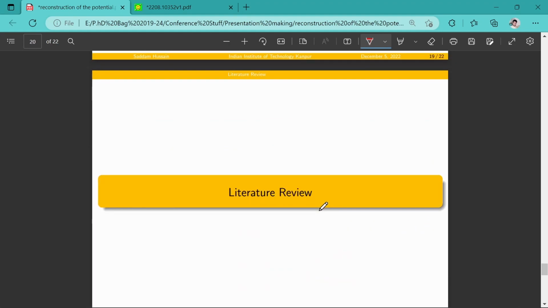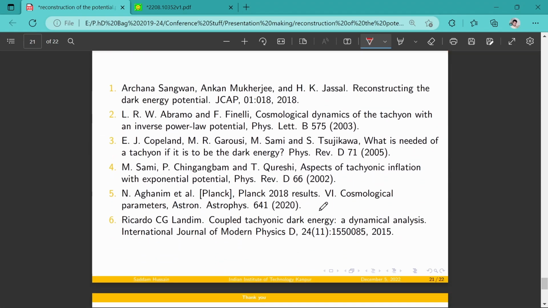So I hope so far you have understood. There are so many literatures you can go through to understand these. There was a person who has already worked on reconstructing the dark energy potential. He has used the quintessence field to reconstruct the potential of the quintessence field, again working with the data. Some people have used the power law, inverse law, to understand the cosmology of the tachyon.